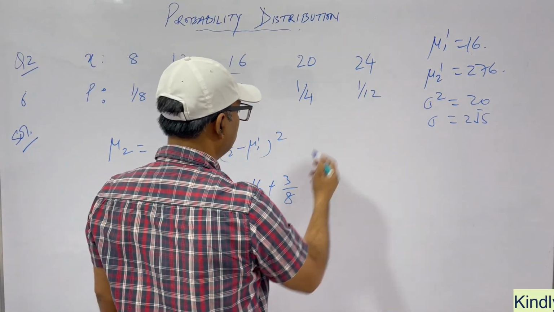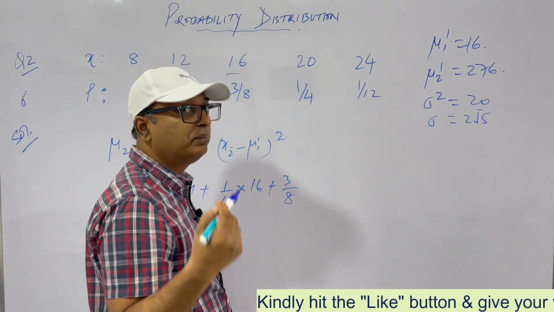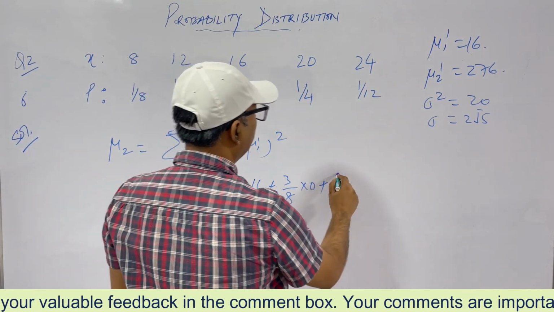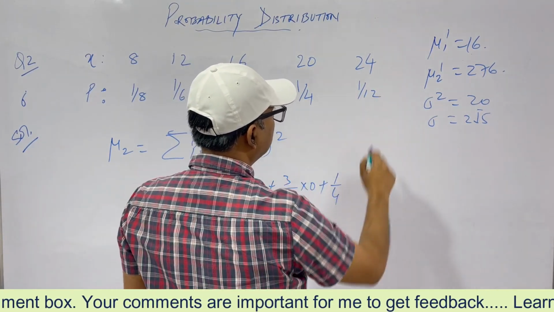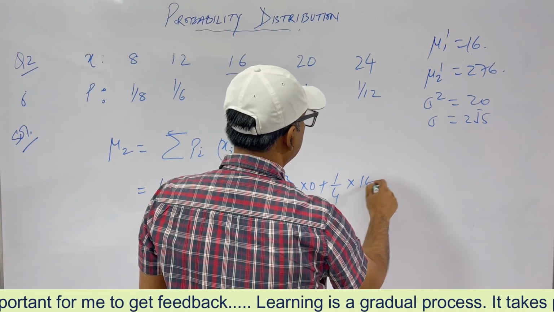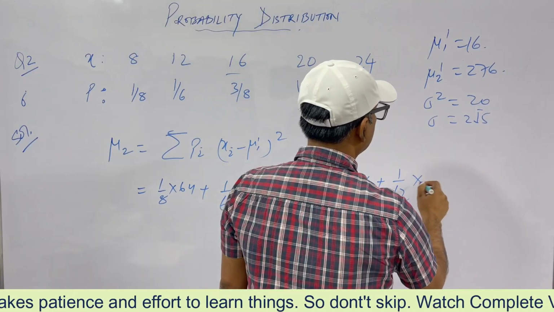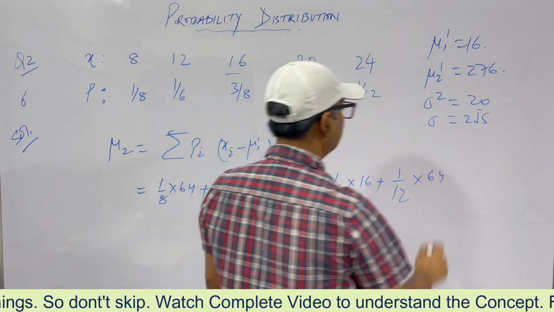Then 3 by 8 into 16 minus 16. So the moment about mean is 0. We know this. Then 1 by 4 into 20 minus 16, that is 4 square, 16, plus 1 by 12 into 24 minus 16, that is 8 square, 64.